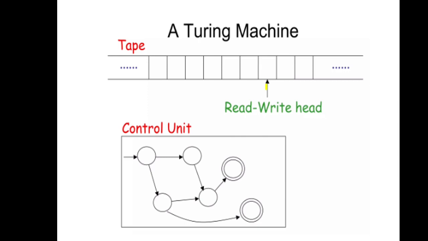It reads a symbol and writes a symbol to the input tape, and it takes the symbol to the control unit. Here the control unit can process the symbol. So these are the main components of the Turing machine: input tape, read write head, and the control unit.